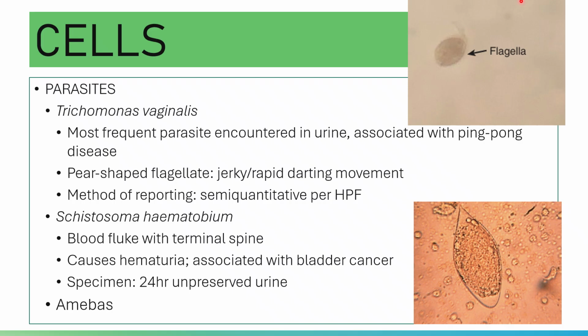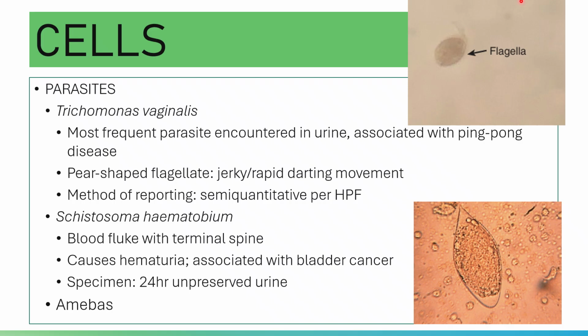And then you have your amoeba. Please note that amoebas are rarely seen in the urine. Amoebas may reach the bladder from the lymphatics or from fecal contamination of the urethra.